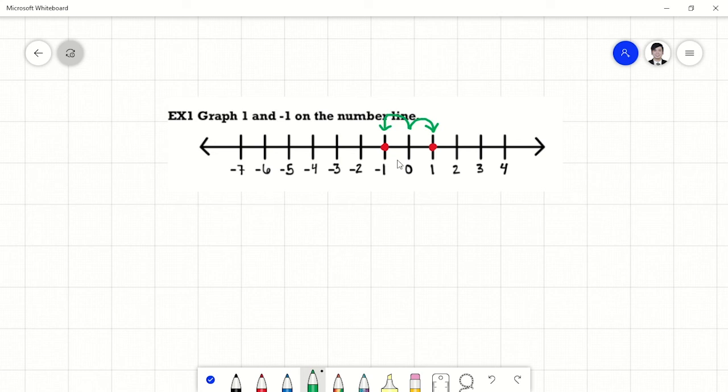Because from 0 to 1, that's 1 unit away. From 0 to -1, that is also 1 unit as well. That is why -1 and 1 are also called opposite numbers, because they have the same distance from 0.